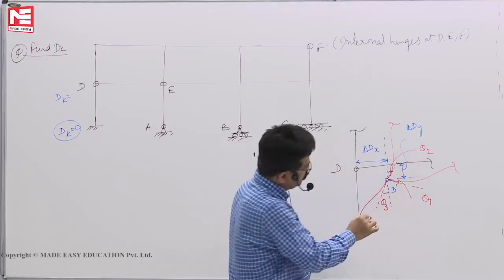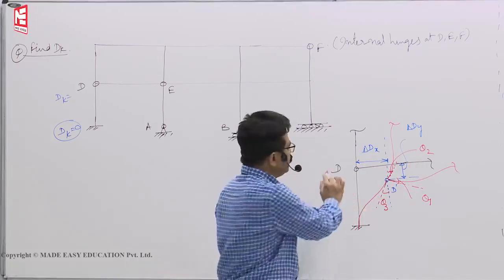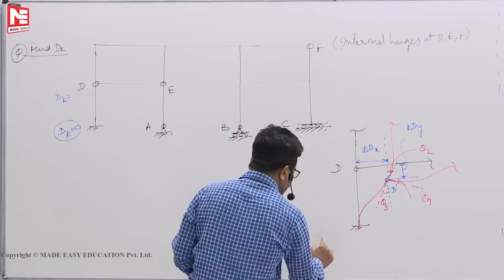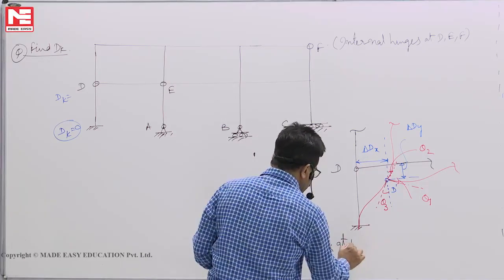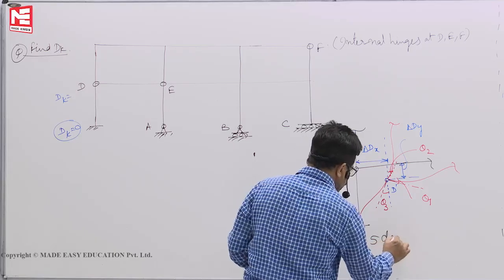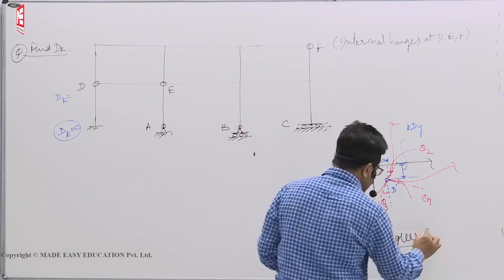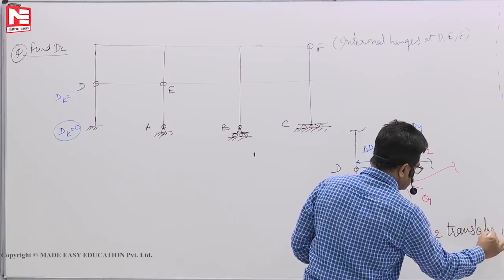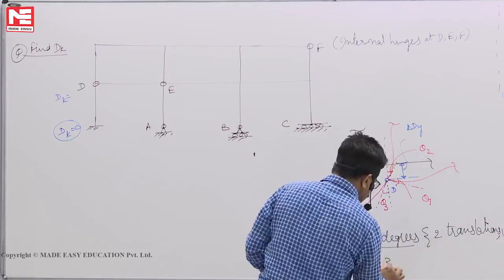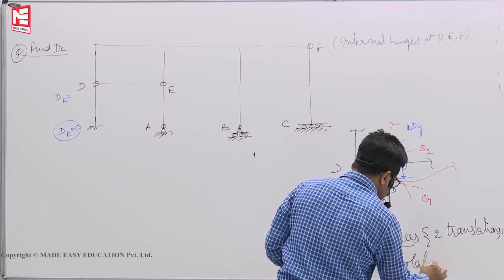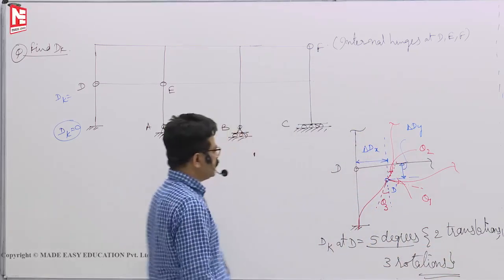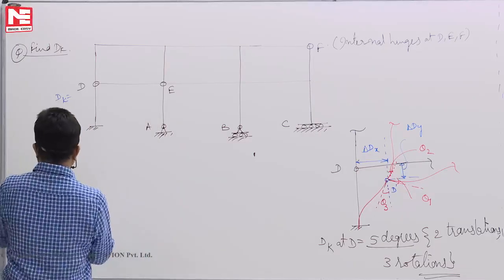Theta 1, theta 2, theta 3 can be independent, and delta dx, delta dy. So dk at D is 5. What are the two translations? And 3 rotations. Okay, like that. So here dk at D is 5.